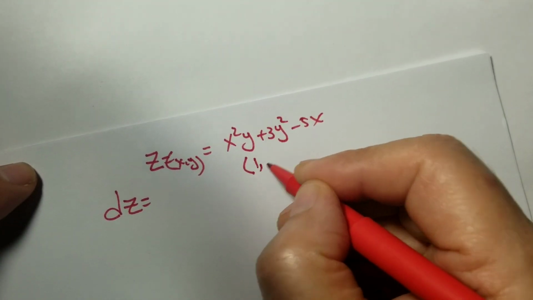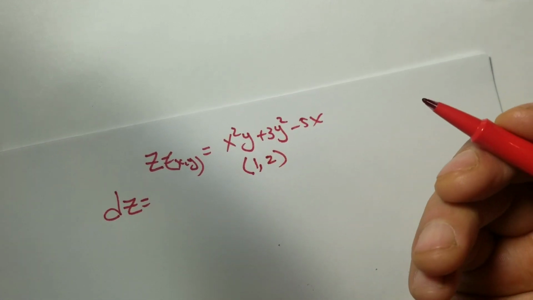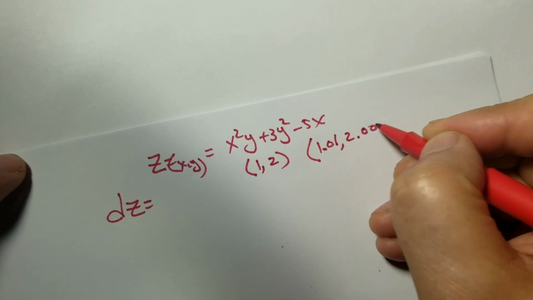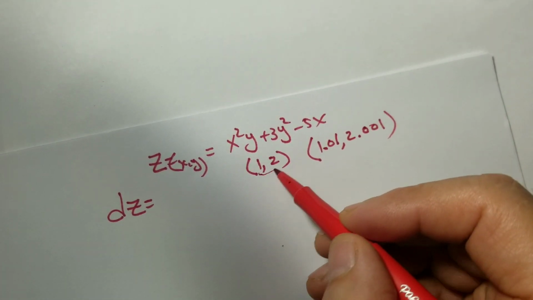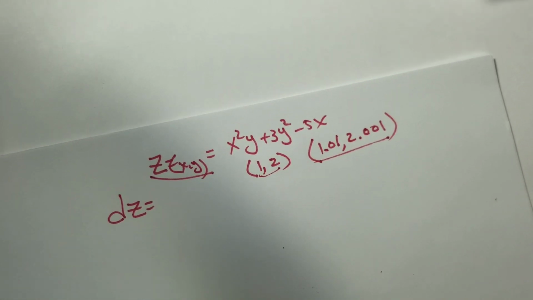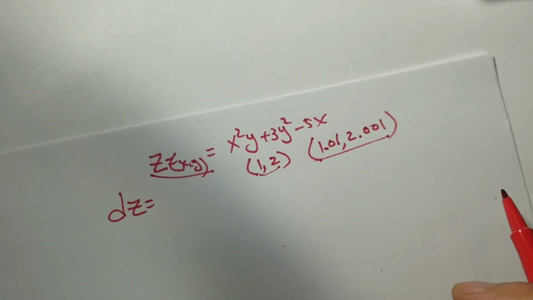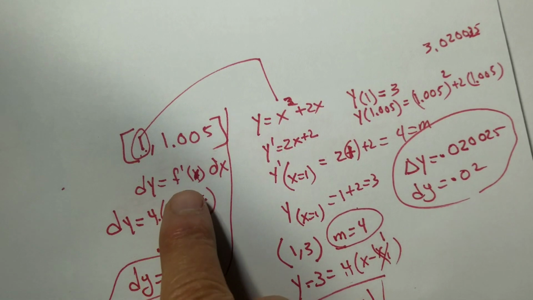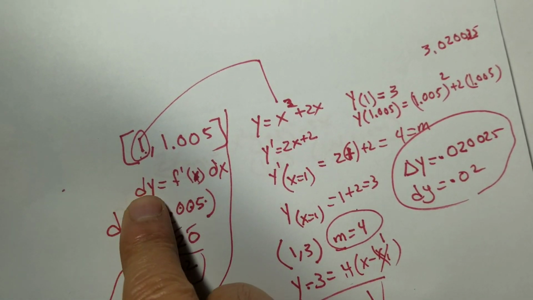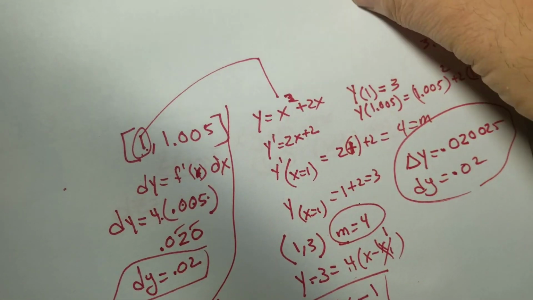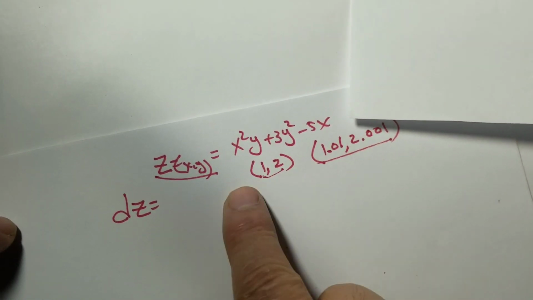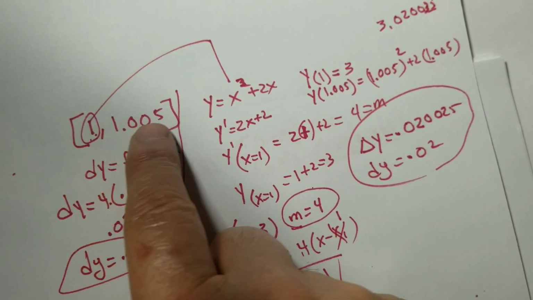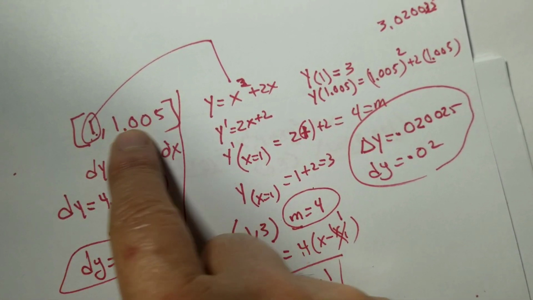And at the point of 1 and 2, I'm going to the point of 1.01 and 2.001, and I want to know how much my z changes. Unlike the earlier one, I have a change in y, and also a change in x. But over here, I only changed x from 1 to 1.01. That's a single variable.